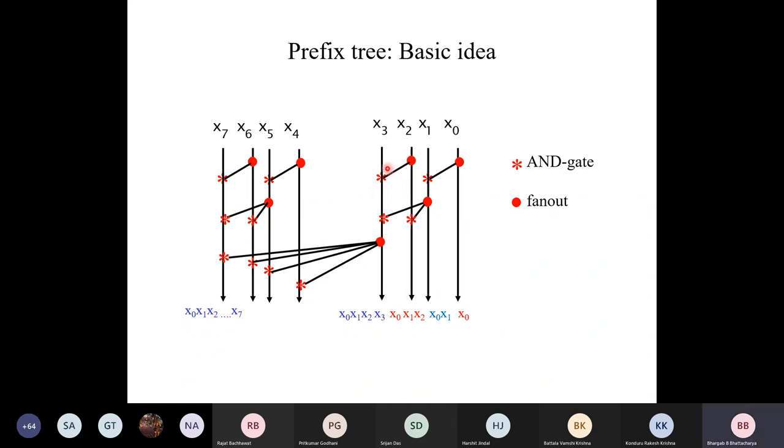If you think in terms of hardware, this may be considered as an AND gate. If you think in terms of an algorithm or a program, this is just a binary operation, right? And in terms of hardware, this is a fan out. In terms of algorithm, it means that this data is being used 4 times here. That's it, right?